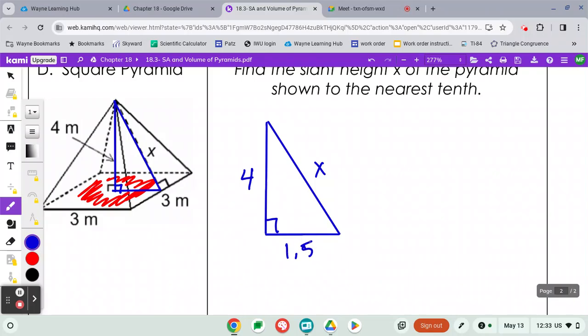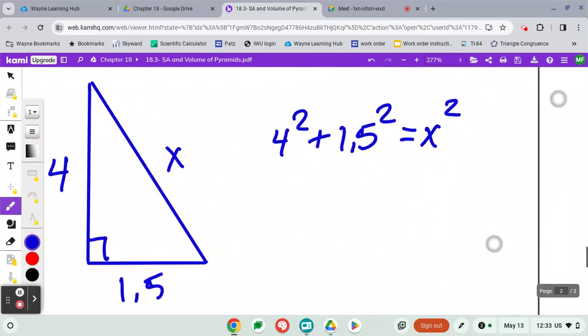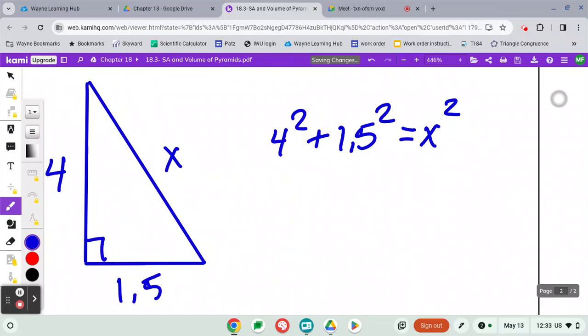Okay, now, x, the slant height. Is that one of the legs or the hypotenuse? So that means it will be A, B, or C? C. Yep. So we have to do this. All right. What is 4 squared? 16. Now, I doubt you know what 1.5 squared is, so grab your calculator, 1.5 to the second.